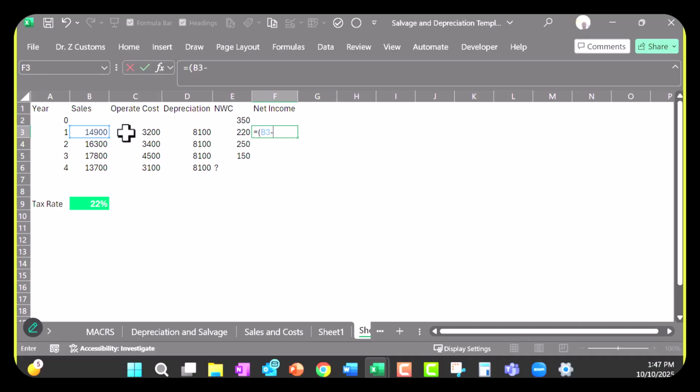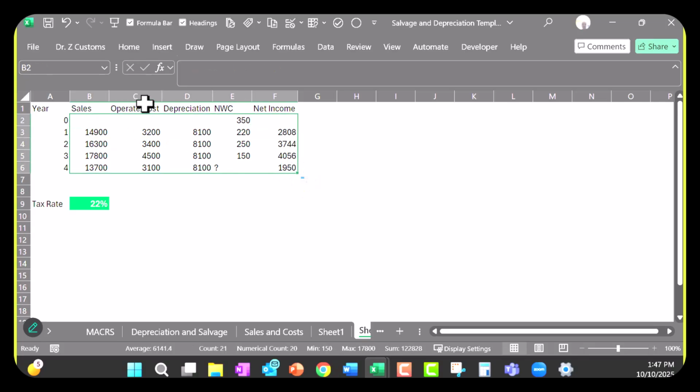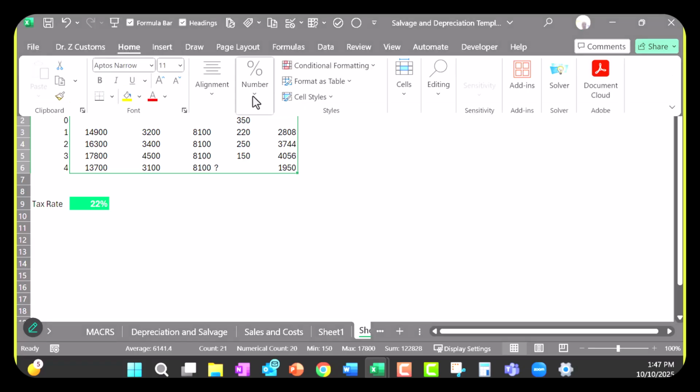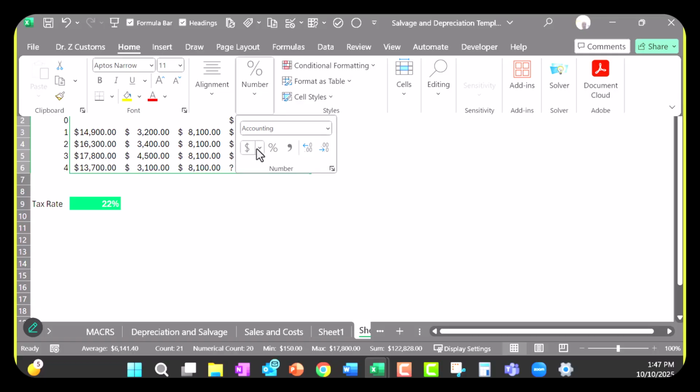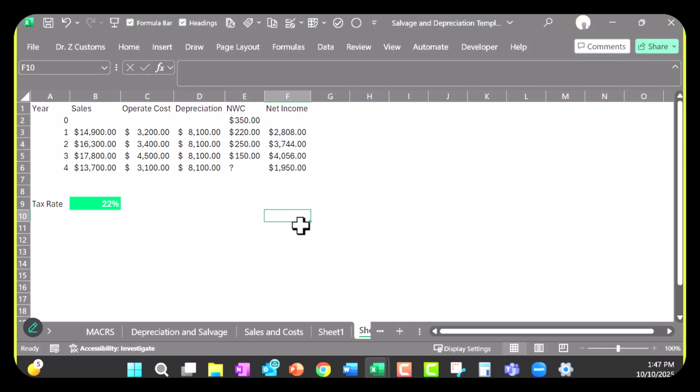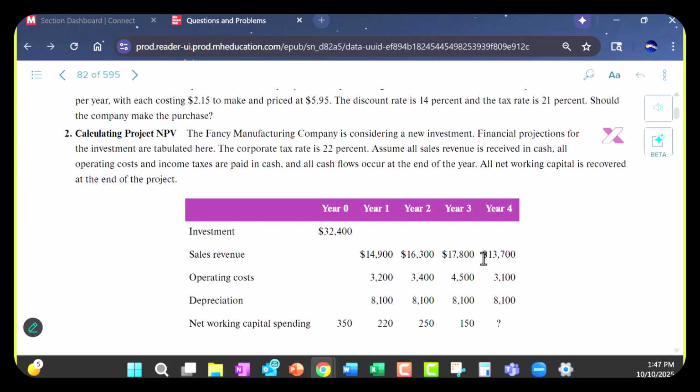Sales minus operating costs minus depreciation, times 1 minus tax rate. Let's make all of these dollars. That's the first part.